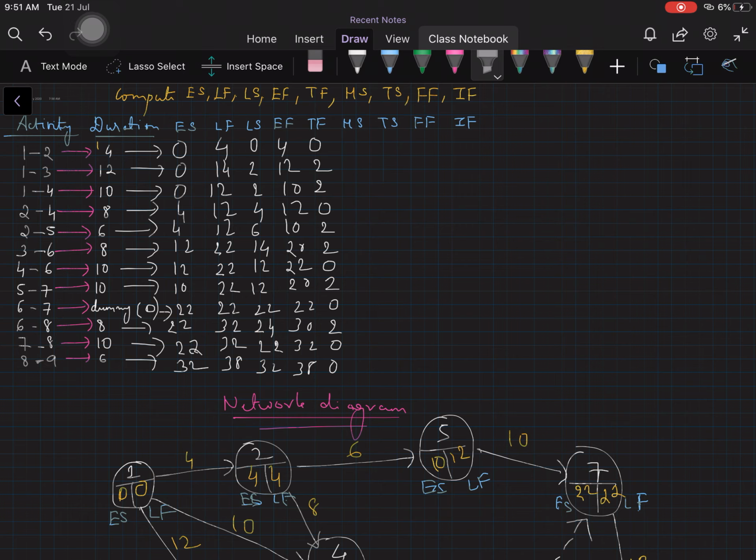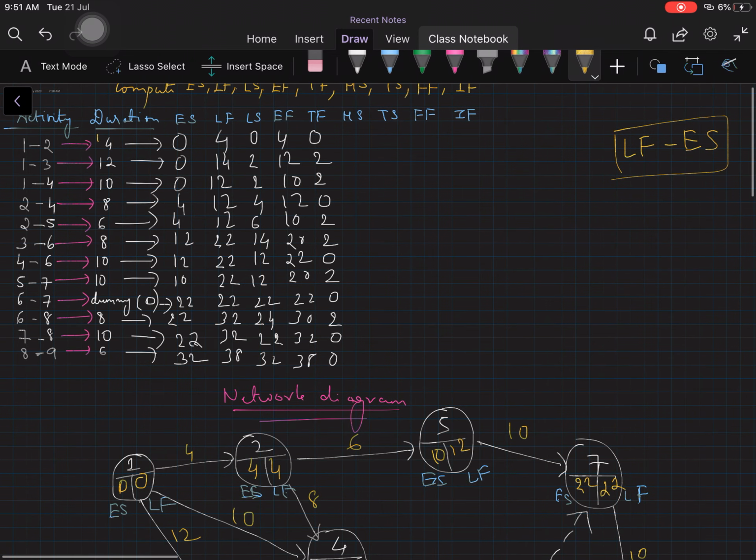Now for only these events we need to find the slack. What do you mean by slack? Slack is basically the late finish minus the early start of that event. Remember, late finish minus early start. Let's do this for every head event. What is the first head event? The first head event is 2.